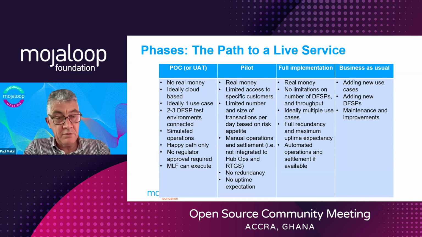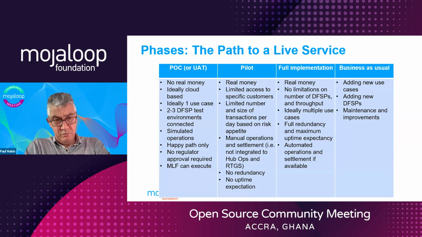We generally use one use case, an account to account use case such as P2P. We encourage the integration with two or three friendly DFSPs in their test environments, not their production environments. And we simulate the operations at the hub. We only talk about the happy path.